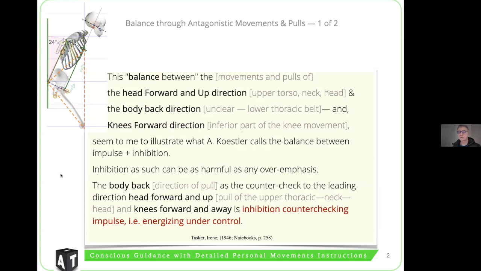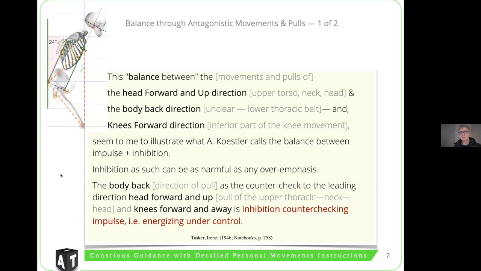And what she's saying here is shown on the screen: this balance between the head forward direction and the body back direction and knees forward direction seems to illustrate what Arthur Koestler called the balance between impulse and inhibition.